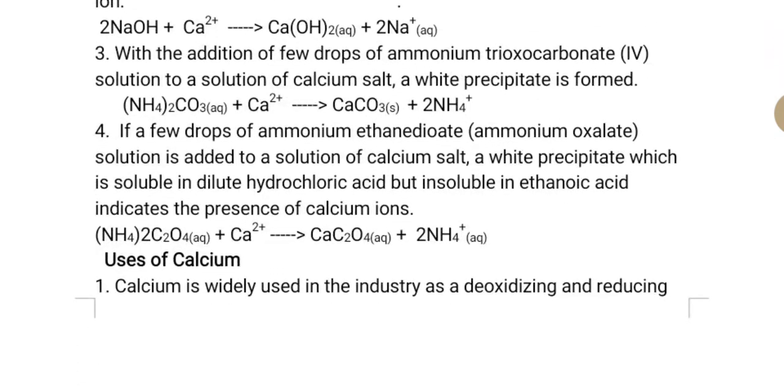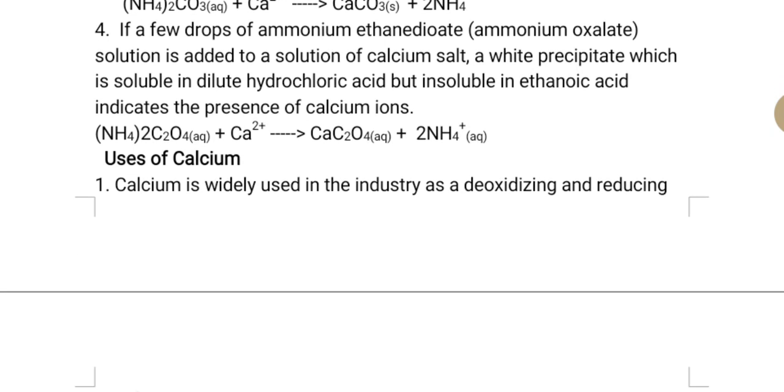If a few drops of ammonium ethanedioate, that is ammonium oxalate, solution is added to a solution of calcium salt, a white precipitate which is soluble in dilute hydrochloric acid but insoluble in ethanoic acid indicates the presence of calcium ions. (NH4)2C2O4 + Ca2+ gives CaC2O4 + 2NH4+. Those are the tests for calcium ion in solution.